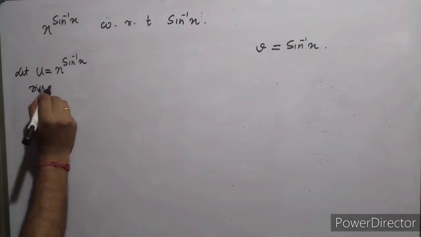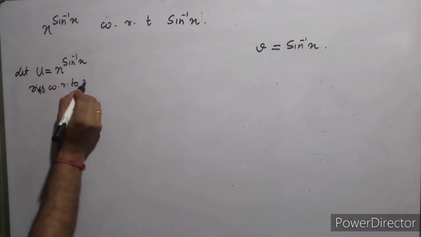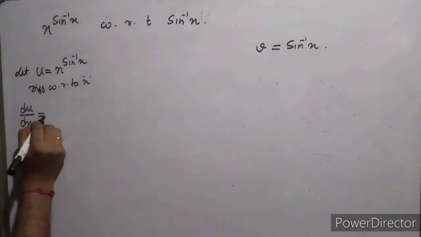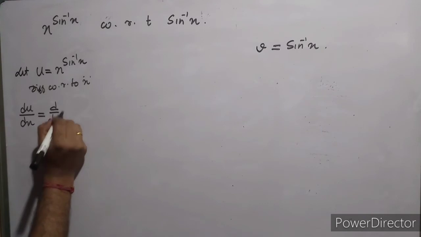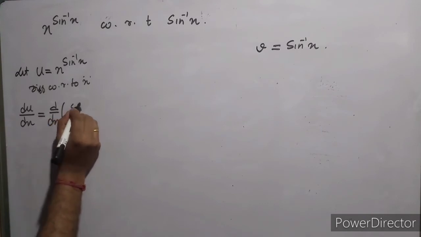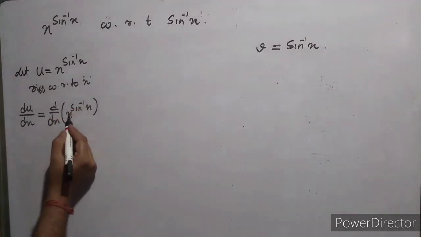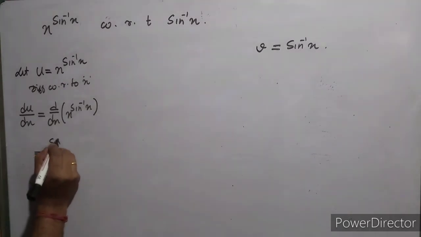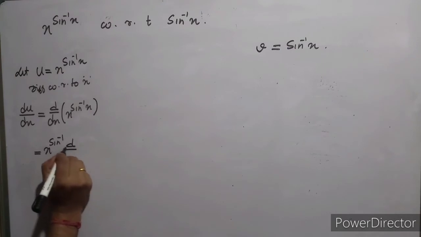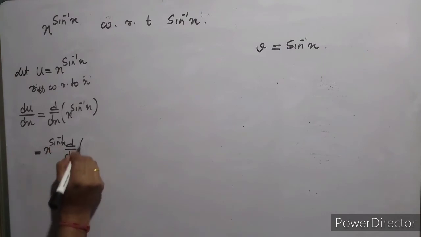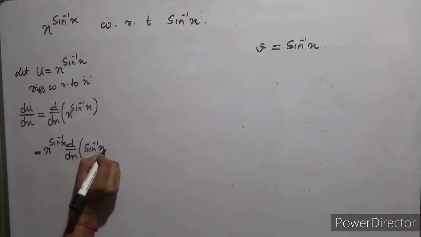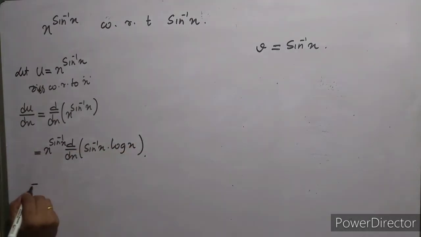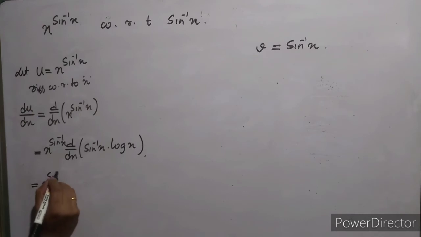I'll differentiate this one with respect to x. What will we get? du upon dx is equal to d by dx of x to the power sin inverse x. Now it is in terms of u to the power v. How to differentiate u to the power v? We did these things in the previous video, so you can follow that video also.